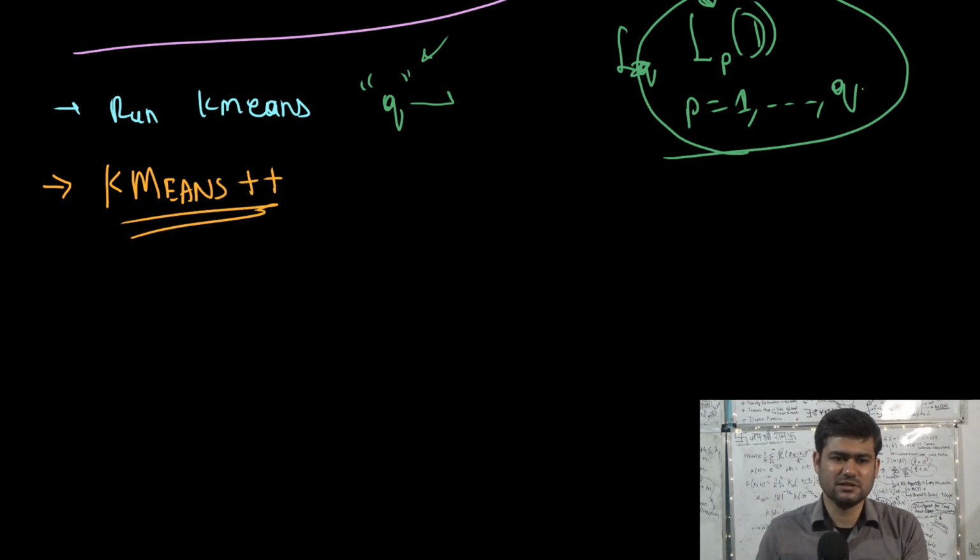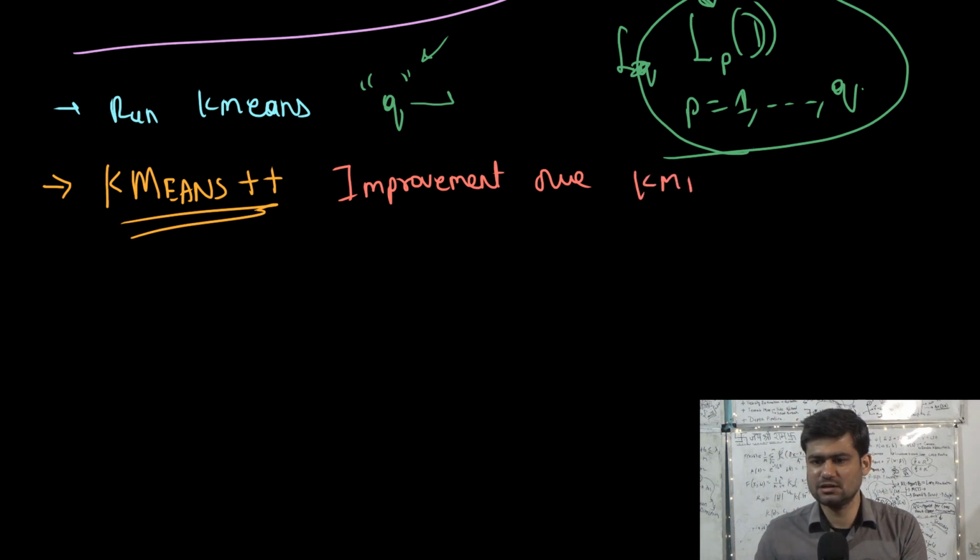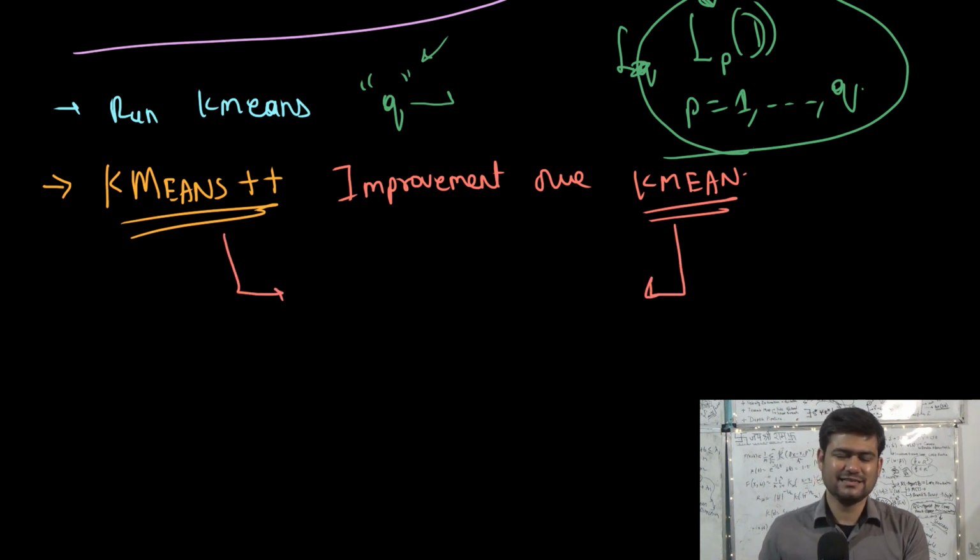The k-means++ algorithm is an improvement over the naive k-means clustering algorithm, and there is only one difference. The entire algorithm is the same as the k-means clustering algorithm except the initialization.